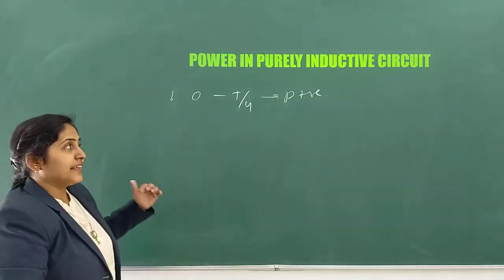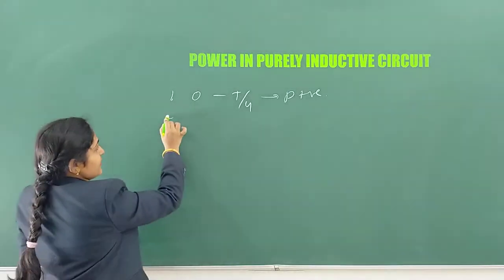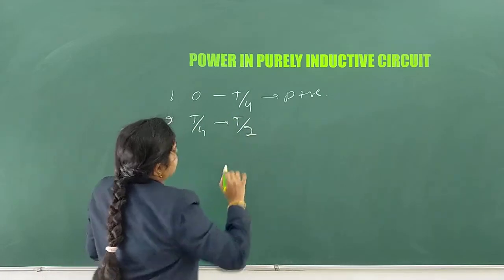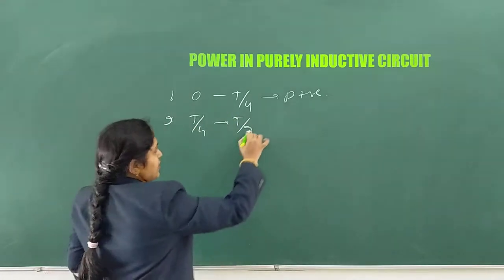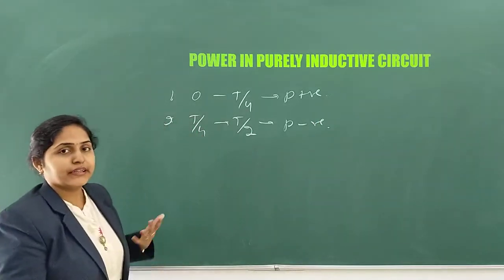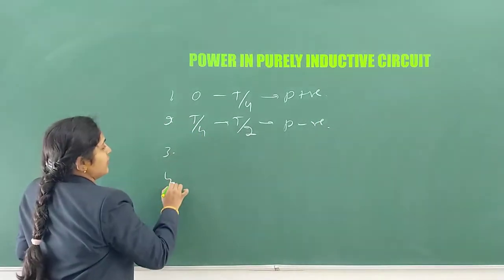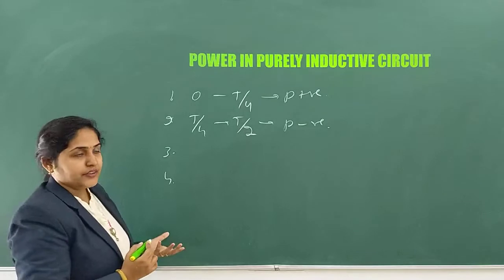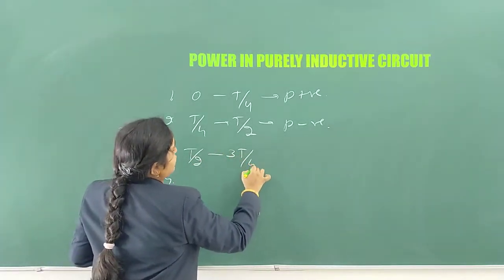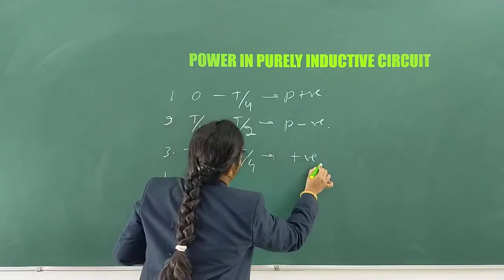Then for the second quarter cycle, from T by 4 to T by 2, power will be negative. In the third quarter cycle, from T by 2 to 3T by 4, again power is positive.